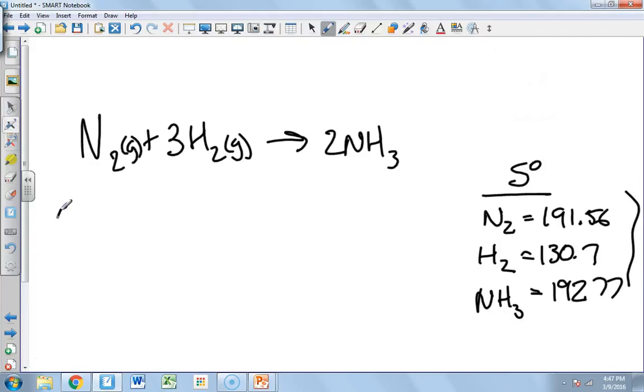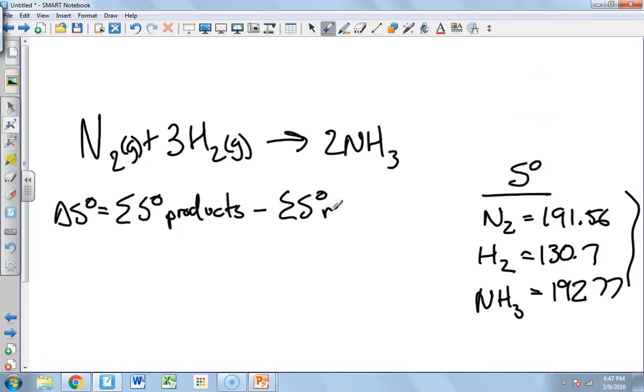Delta S naught equals the summation of S naught products minus the summation of S naught reactants.